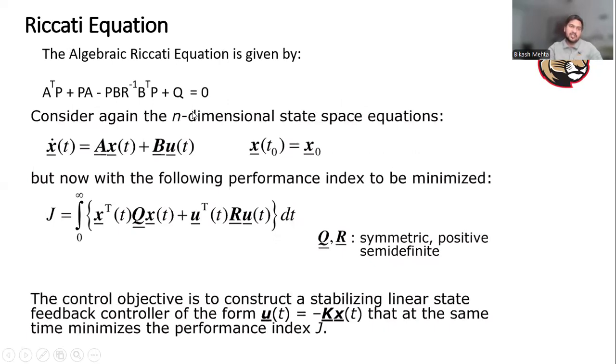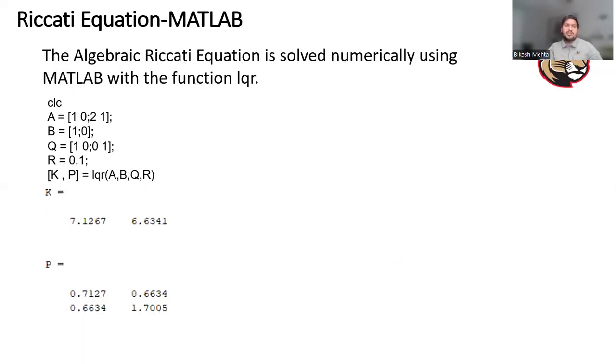This is our state space equation. This is the cost function J that needs to be minimized. In MATLAB, we can simply use the LQR function to find the optimal control gain and the P matrix. After finding the P matrix, we can use it to find the K matrix in MATLAB.